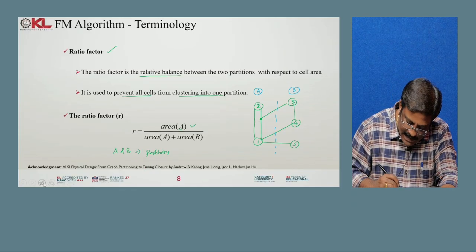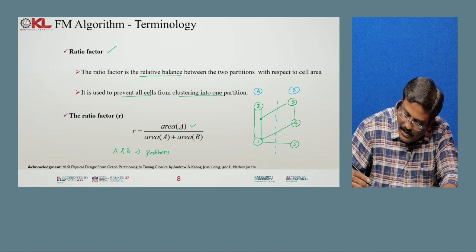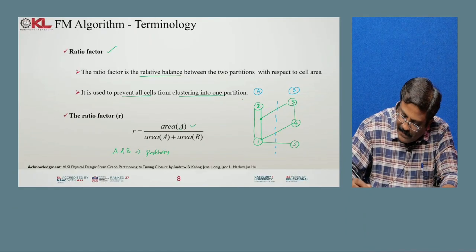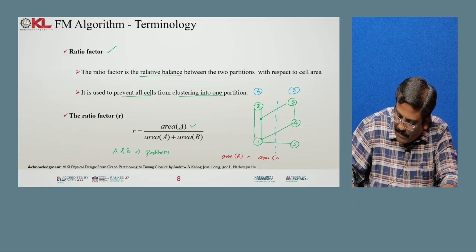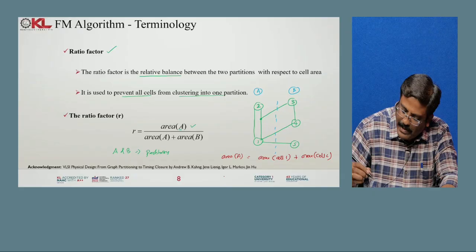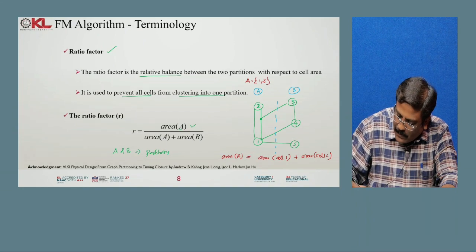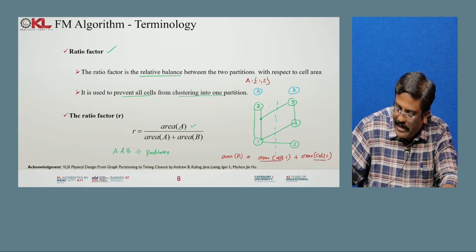Now what does the area talk about? Before getting into that, let me discuss the total area of partition A. The area of partition A is the area of cell 1 plus the area of cell 2, right? Are you understanding? Partition A consists of cell 1 and cell 2. So the area of A is equal to the area of cell 1 plus the area of cell 2.